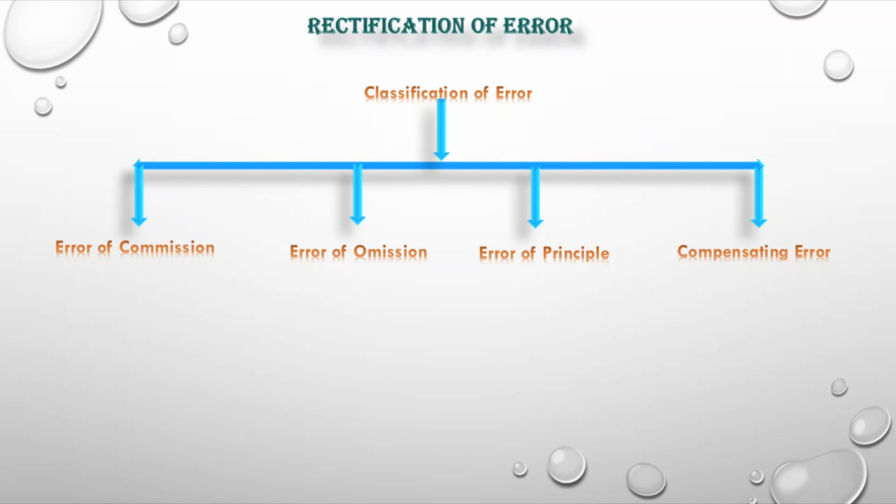So what is error of commission? These are clerical mistakes or errors committed by an accountant, and these mistakes arise in different ways.